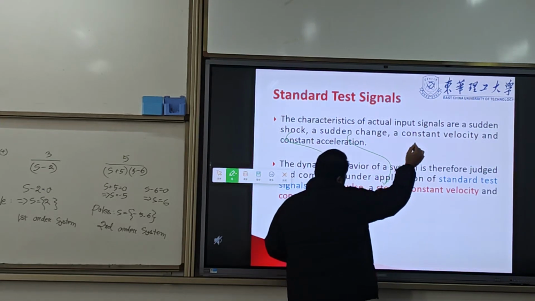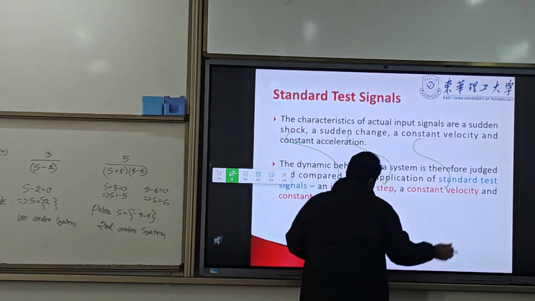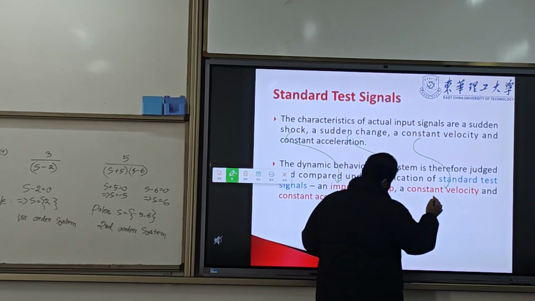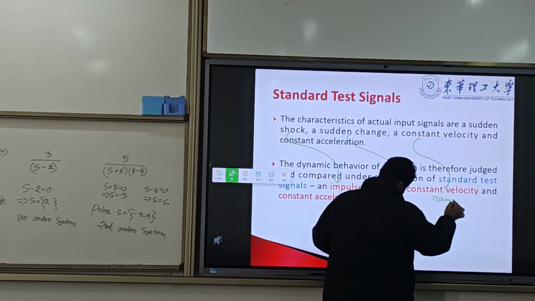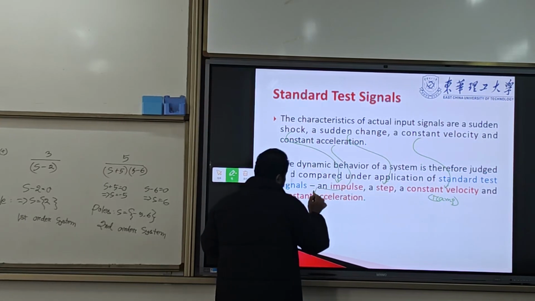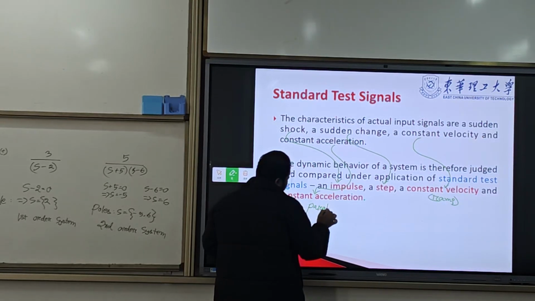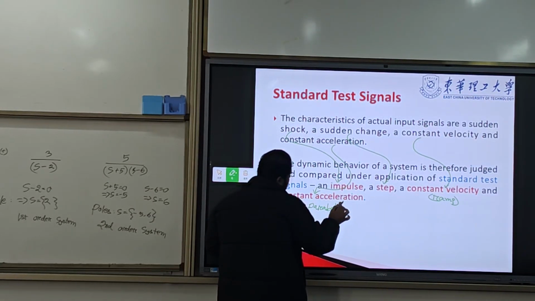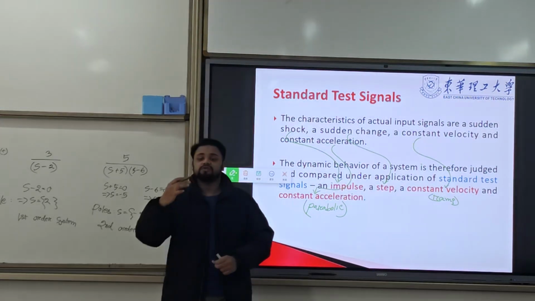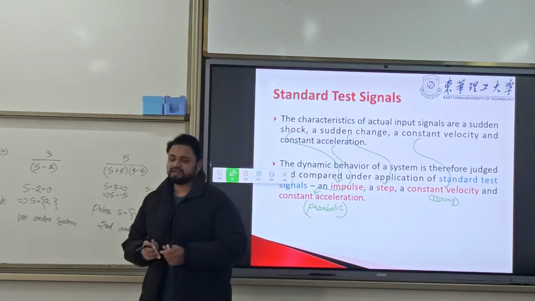Constant velocity, because of that there is a signal that is called ramp signal. And constant acceleration, because of this there is another signal that is called parabolic signal. 4 types of signal, because of 4 types of changes in the input.